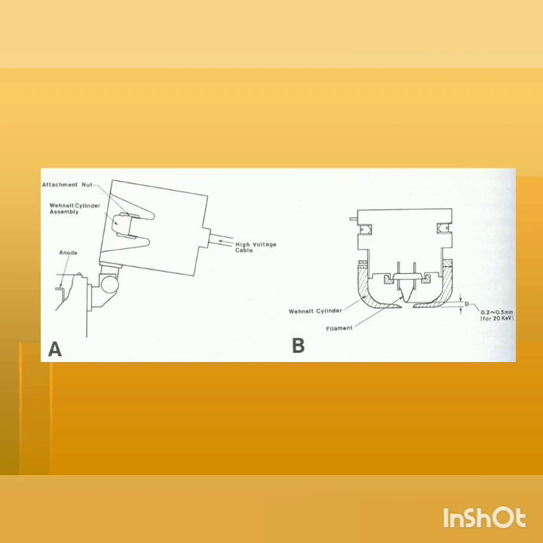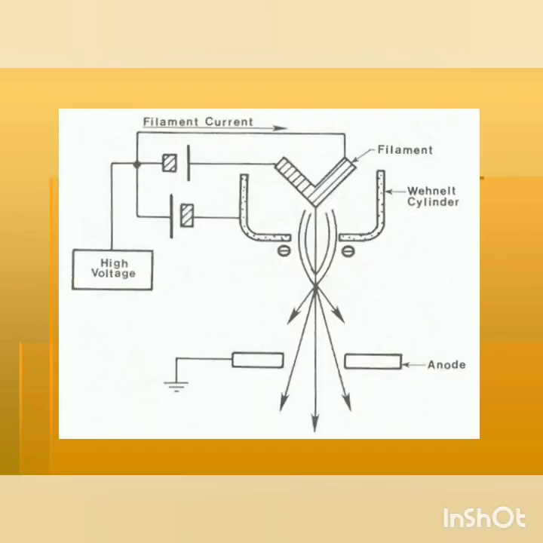This is the arrangement of the Wehnelt cylinder in the case of the scanning electron microscope. This is the way electron beams are ejected out through the tungsten filament due to thermionic emission.